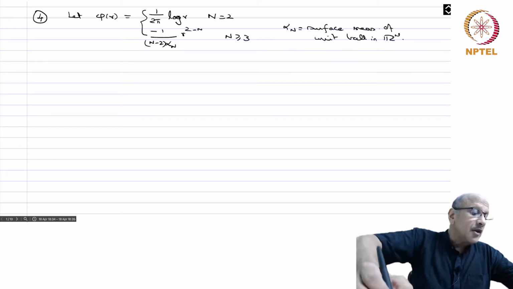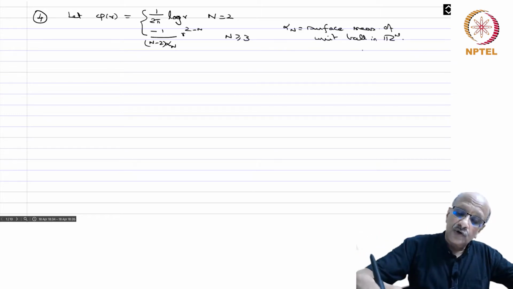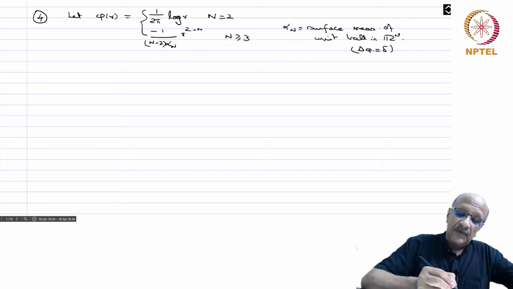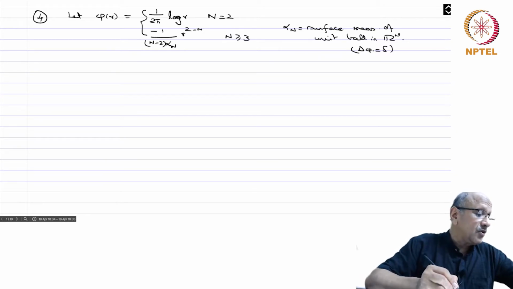So recall that this is the fundamental solution of the Laplace operator. We have delta phi equal to delta, as we have seen earlier in the chapter on distributions.